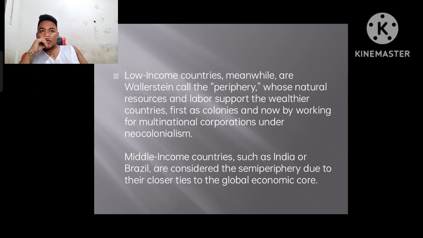Middle income countries such as India or Brazil are considered the semi-periphery due to their closer ties to the global economic core.